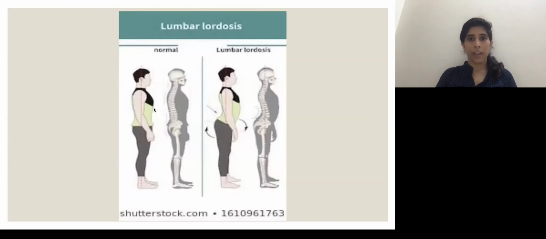Here you can see the lordosis. This arrow indicates the excessive anterior exaggeration of the curve, and this arrow indicates excessive anterior pelvic tilt.